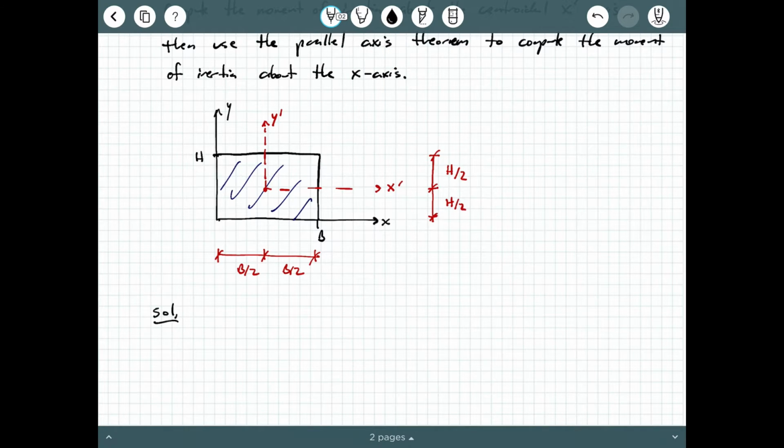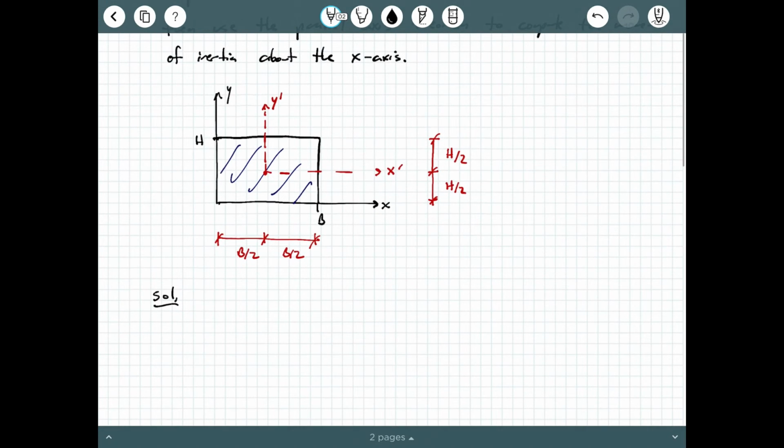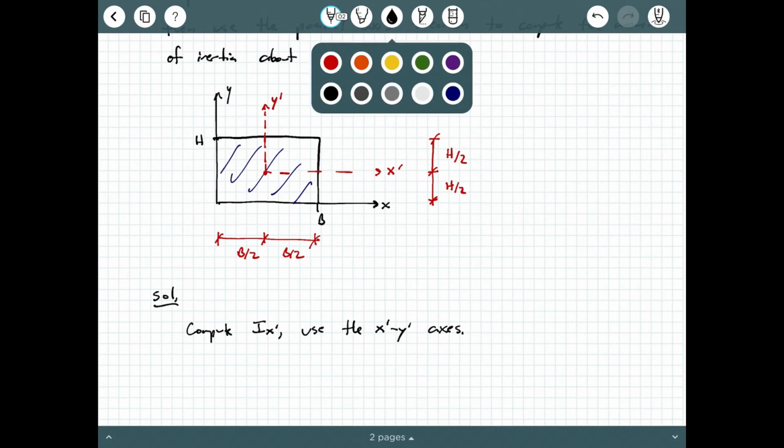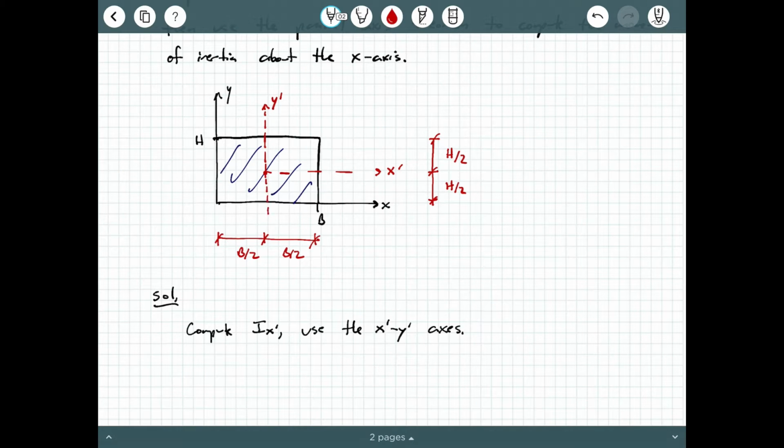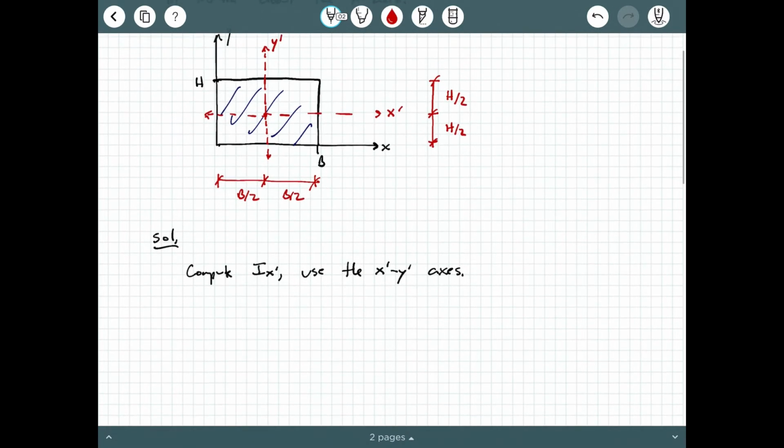Now, to compute Ix prime, we need to use the x prime, y prime axes. That's what can be a little tricky sometimes. We are first being asked to compute the moment of inertia about the centroidal x prime axis, and again, we're using that integral form.